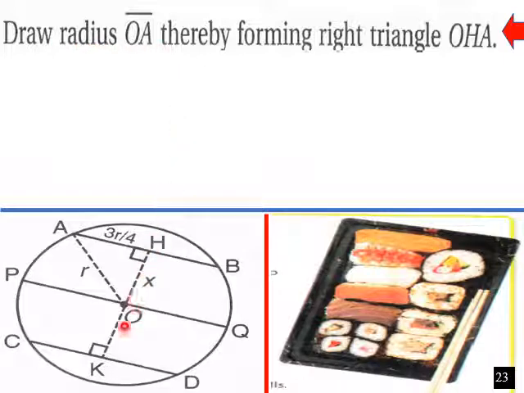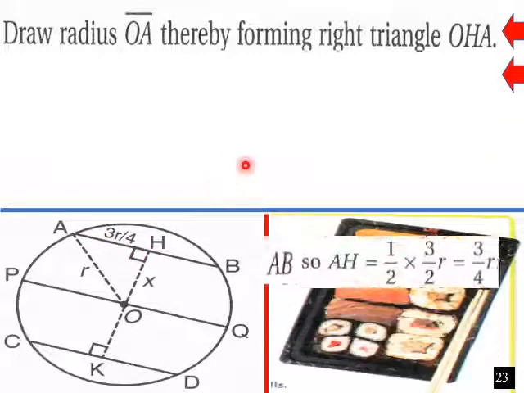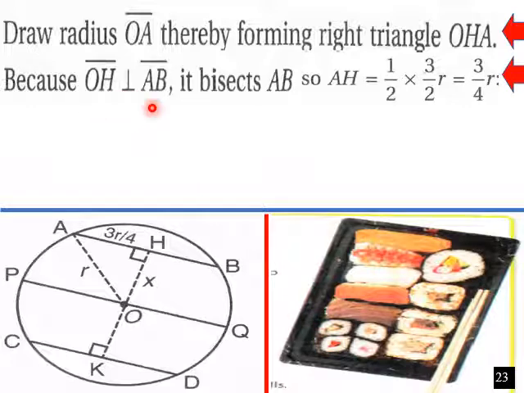Draw radius OA, so we have our radius here, OA, thereby forming a right triangle OHA, because OH is perpendicular to AB. It bisects AB, so AH equals 1/2 times 3/2 R, which equals 3/4 R. So this length here is 3/4 R.